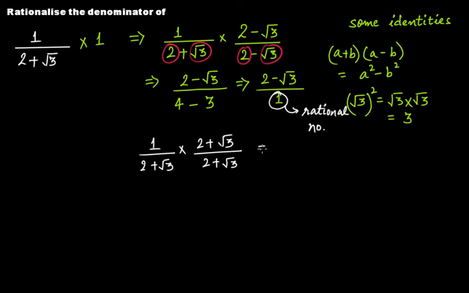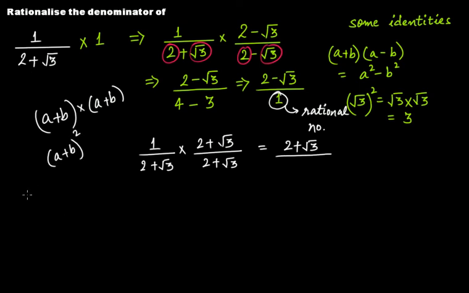So in this case this would be 2 plus root 3 divided by, and now it is of the form a plus b multiplied by a plus b. A plus b multiplied by a plus b, that is a plus b whole squared. That would be a squared plus b squared plus 2ab.